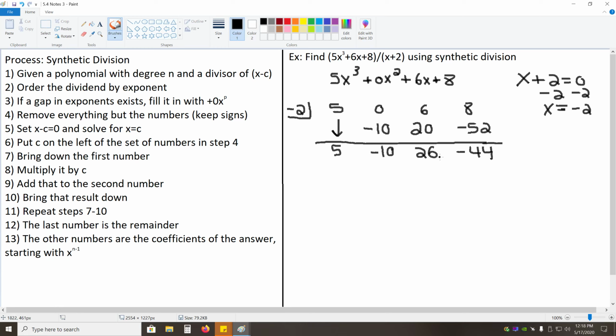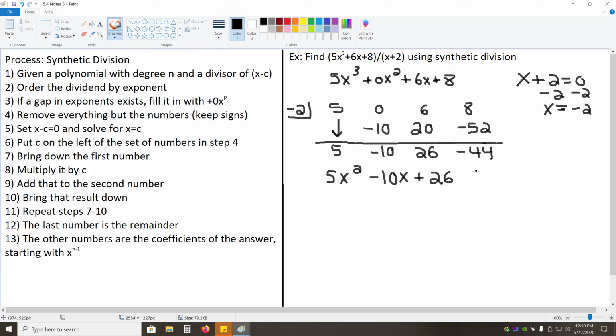These numbers represent the coefficients of our answer, and we always start with an exponent that's one less than the largest one we started with. Why is that the case? We're dividing x cubed by x, so the result should be x squared, or one less than we started with. So we get 5x squared minus 10x plus 26.